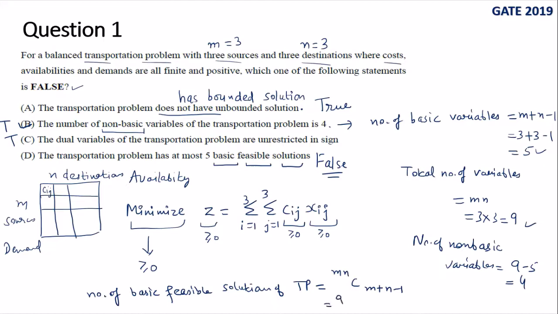So this is 9 C 5, and they are saying it has at most 5 basic solutions. However, if you compute it, this will be 9 factorial divided by 5 factorial into 4 factorial, which is obviously, without even calculating, we can see that this number is strictly greater than 5. So this part is false.